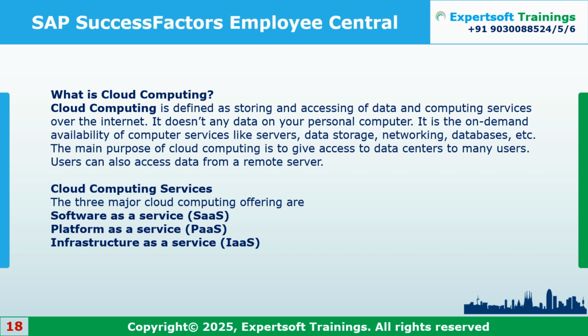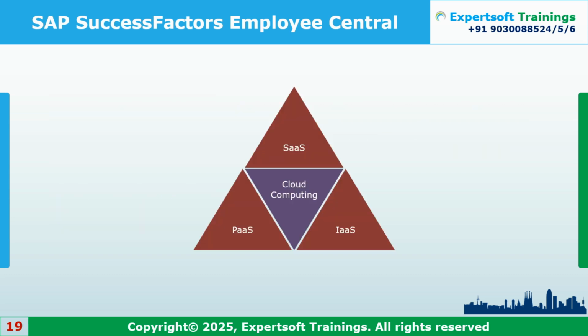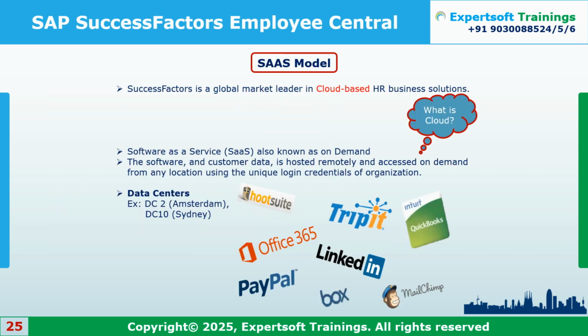We are going to see the services offered by cloud computing: software as a service, platform as a service, and infrastructure as a service. SuccessFactors works on software as a service. So what is software as a service? Software as a service is also known as on demand.